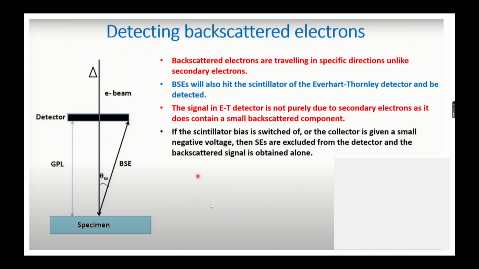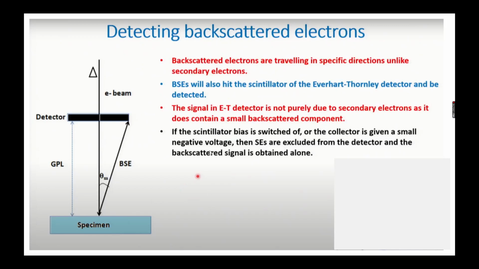So it's not only the secondary electron that will be detected by your ET detector, but BSE can also be detected. Even though most of the BSE will go in the direction near 180 degrees, there are still some BSE signals that can be detected by your ET detector. It is not purely meant for only the SE detector.